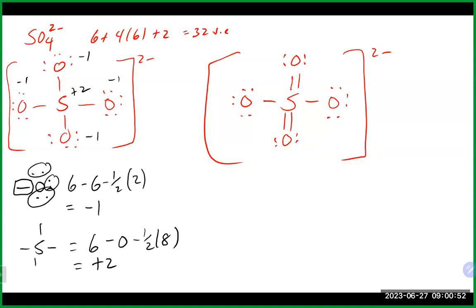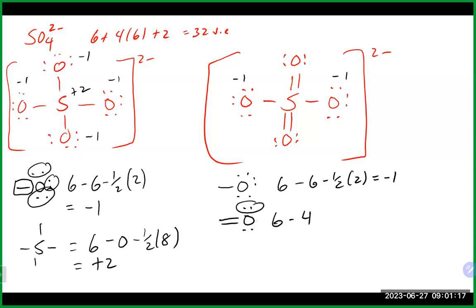Now, if we double bond a couple of the oxygens in this case, let's see how that helps. So our single bonded oxygen will come out the same. 6 minus 6 minus 1/2 of 2, going to give us -1. So we do have a -1 here, -1 here. Our double bonded oxygen will be 6 minus 4 for the non-bonding electrons, minus 1/2 of 4 for our double bond.